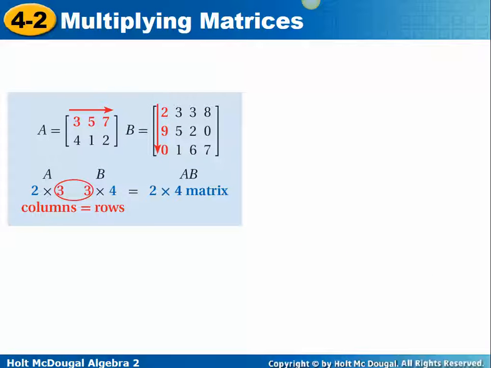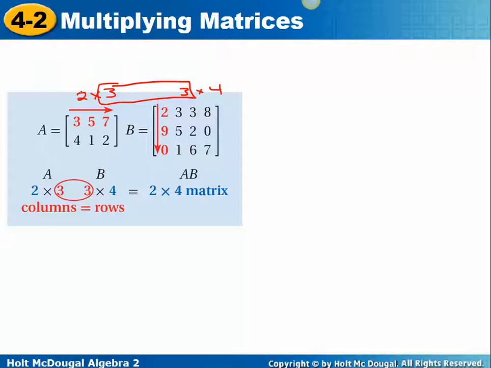Here's an example of two different matrices that you would be able to multiply, because matrix A is a 2 by 3, matrix B is a 3 by 4. These two parts match. Those have to match. The number of columns of the first has to match the rows of the second.